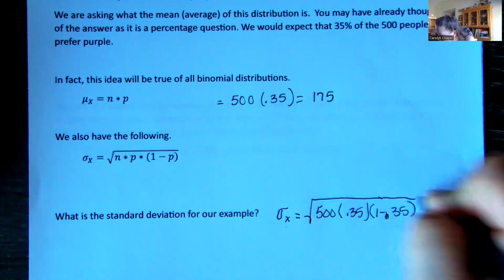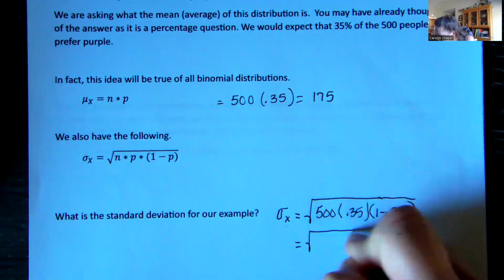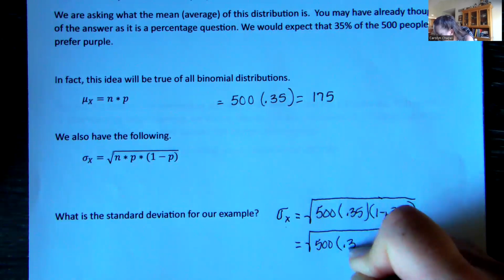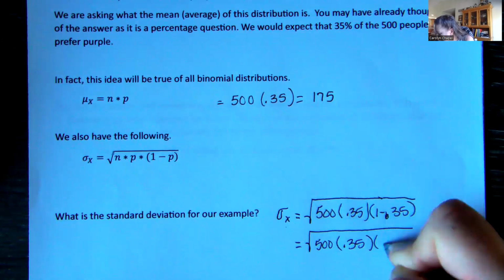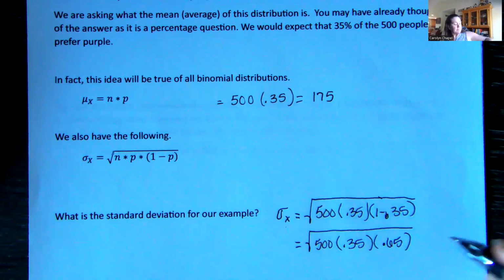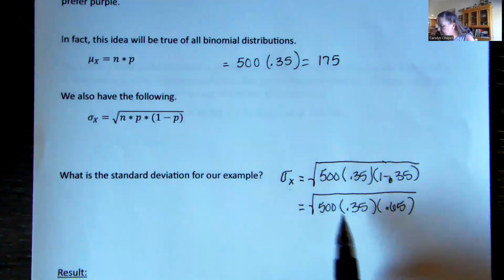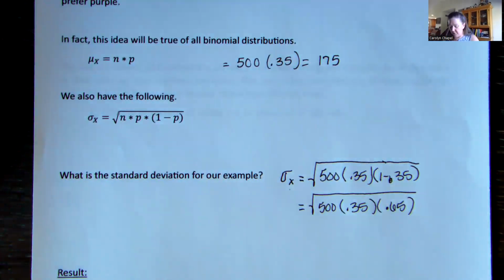I'll clean this up a little bit before I go to the calculator. Namely, doing some of that subtraction in here first. Now, remembering the order of operations, I do have to multiply those pieces underneath first of all.